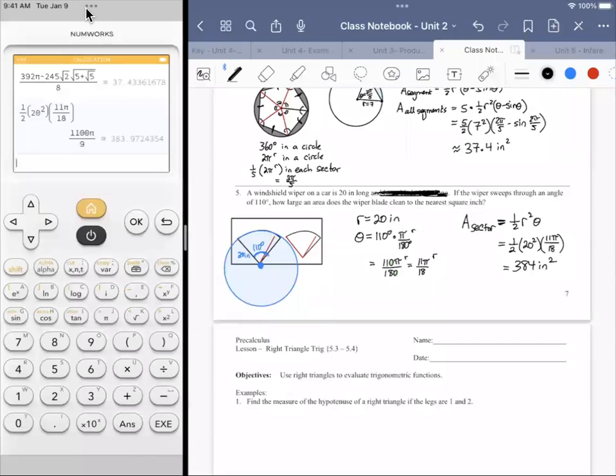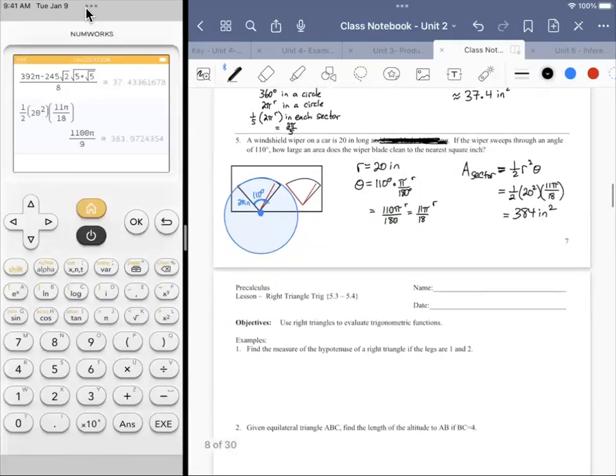So the original intent of the question, I'll just show you off on the side. It was really kind of dumb to begin with, but you had a windshield wiper that had an arm that was a certain distance long, and the rest of it was the blade itself. The blade would travel through the area, creating this, but this part of it here would sweep through the area, but it wouldn't clean anything.